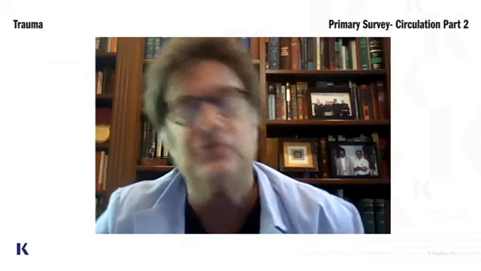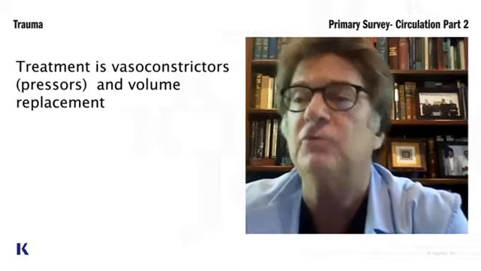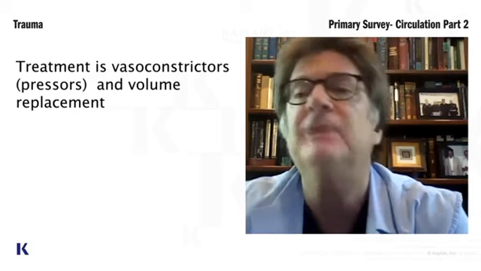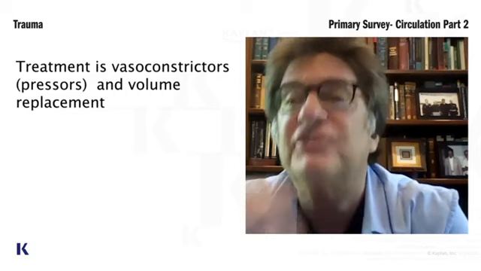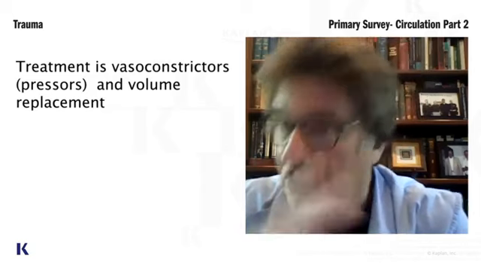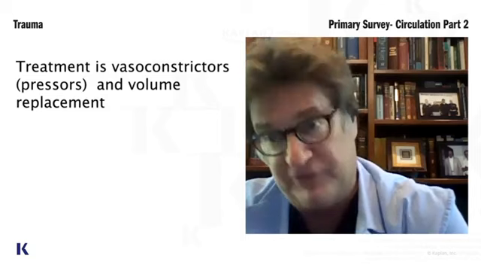And what is the treatment of vasomotor shock? The treatment of vasomotor shock is fluids, but you have to give pressors. So the treatment of vasomotor shock is both fluids and pressors.